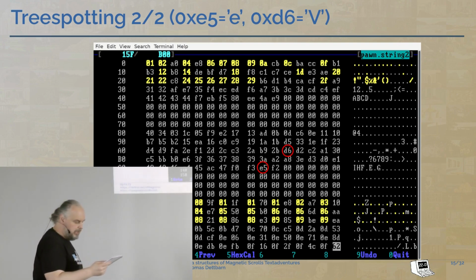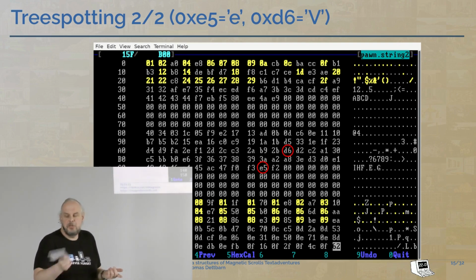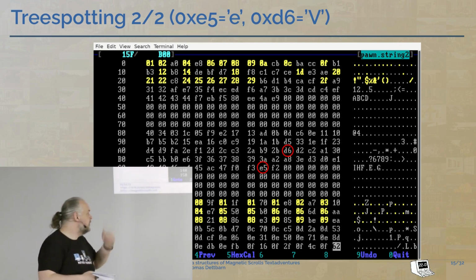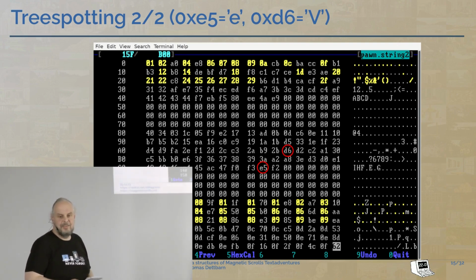And the example which I wanted to show you a couple of slides before, those two letters E and V, are here in the red circles that you can see.